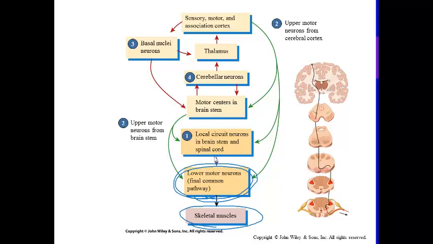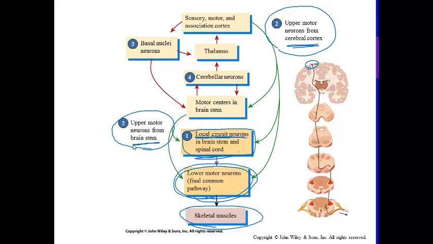So first, they can receive it from the brainstem as well as the spinal cord from their local circuit neurons. Now there's another one straight from your upper motor neurons, from your cerebral cortex, or it could be from the brainstem regions.